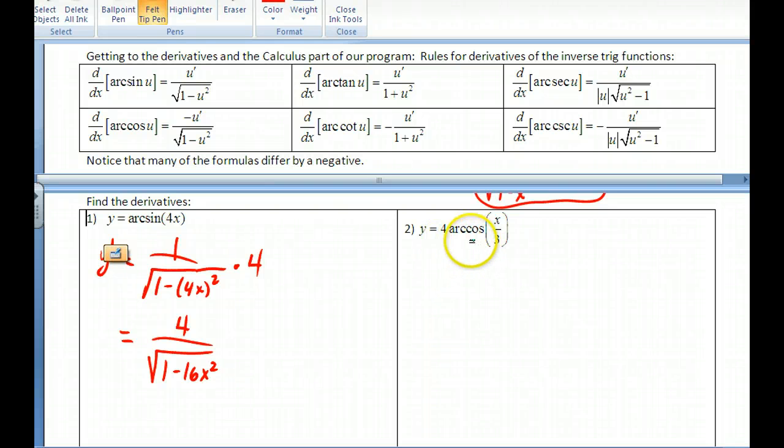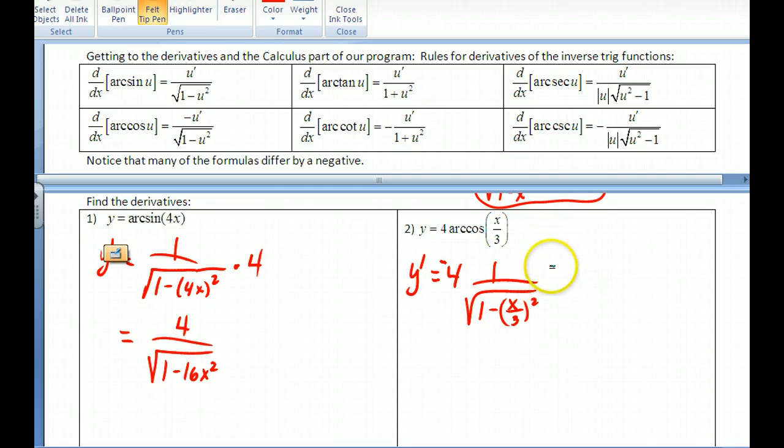This one, 4 arc cosine of x over 3. This one's going to take some simplifying later on. So y prime, this 4 goes for the ride. And then we got arc cosine of x over 3. Arc cosine is this one here. So I'm going to get a negative, and it's going to be 1 over the square root of 1 minus x over 3 squared.